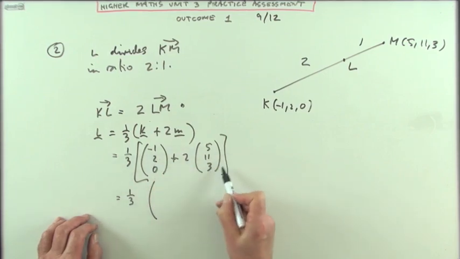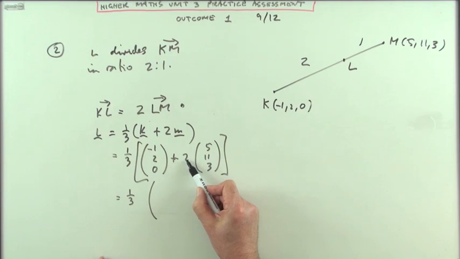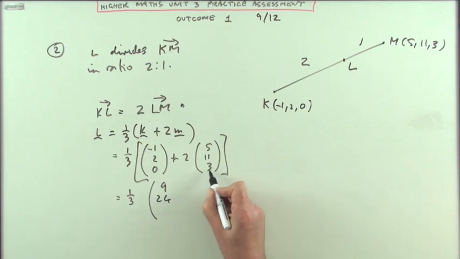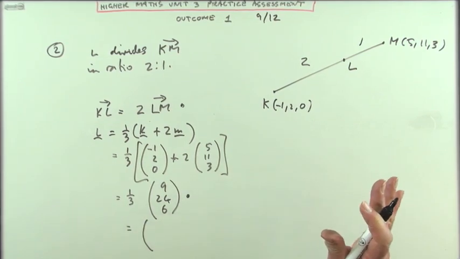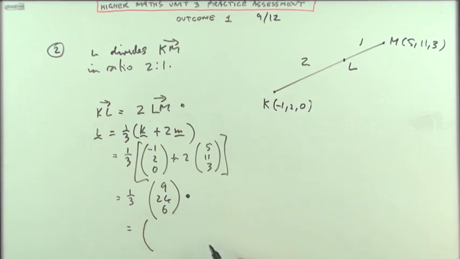So you've got 10, take away 1 is 9, 22 and 2 is 24, 6 and 0 is 6, and this seems to be the point at which the second mark is obtained, start evaluation. Then finishing that off, dividing by 3, you've got 3, 8, 2.